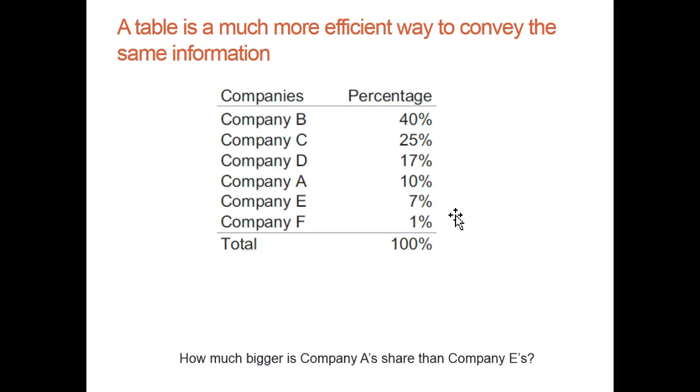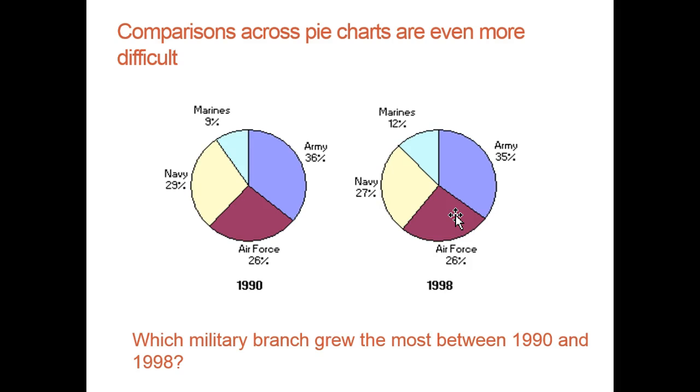Now, in business, in a CEO type context where you're presenting to shareholders, it's a more public thing. If you have a very simple story to make and you use a pie chart, that might be appropriate. But in general, pie charts are really difficult.